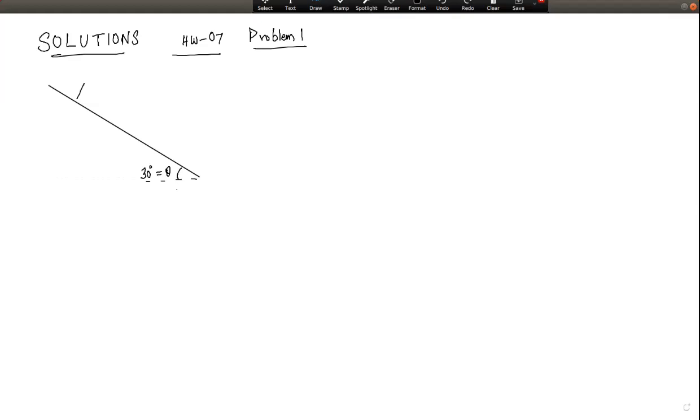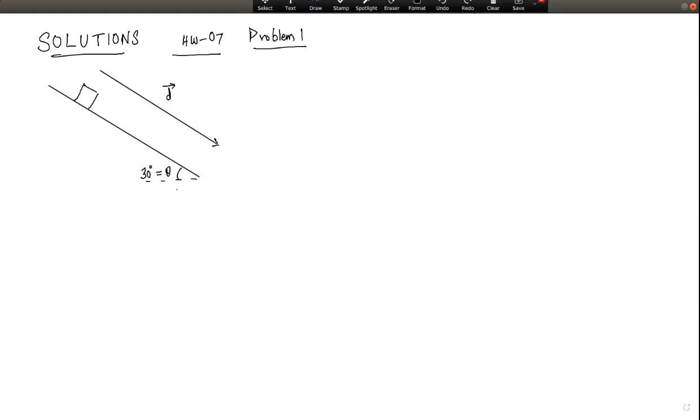We have a mass m sitting on this, and it moves a distance d parallel to the incline. That's d. What are the forces acting on this mass m?